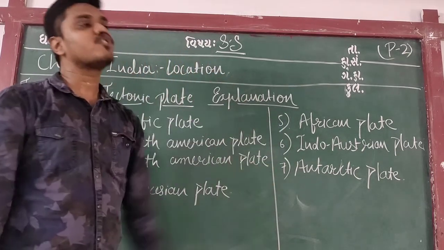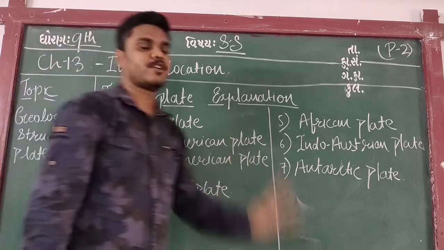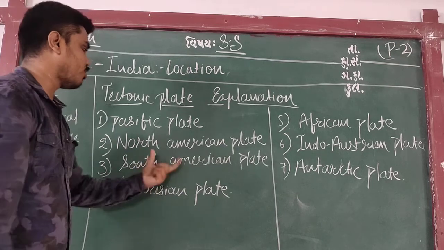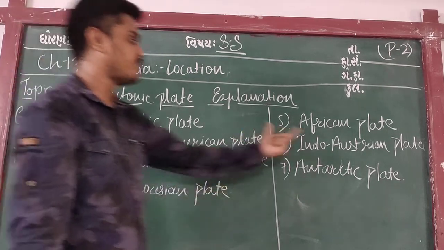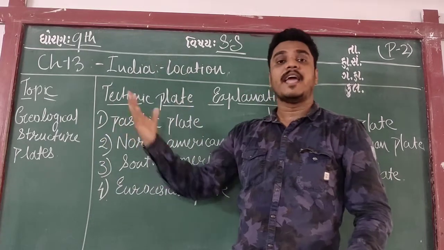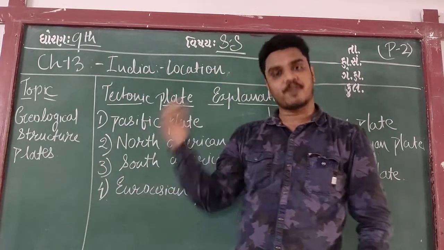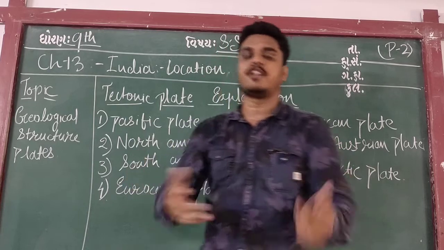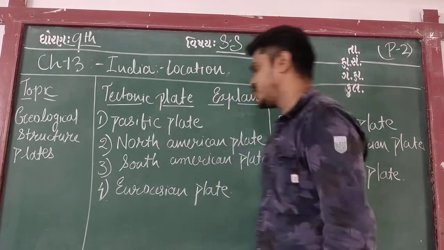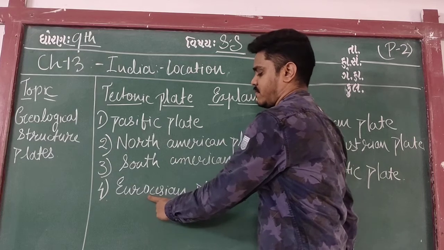So all seven continents are nothing but plates. Are you getting the point? Pacific plate, North American, South American, Eurasian, African, Indo-Australian, Arctic. Now, these change properly, and the seven continents are prepared from these plates. Got it? One of these becomes Asia.